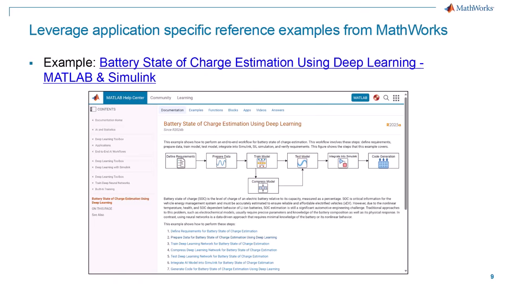For example, in this case, you can see that the battery state of charge estimation process is going on, where you define some requirements and pre-process your data and train the model, test the model, and finally you integrate the deep learning model into the system and deploy it into C code so that it can be deployed into hardware.